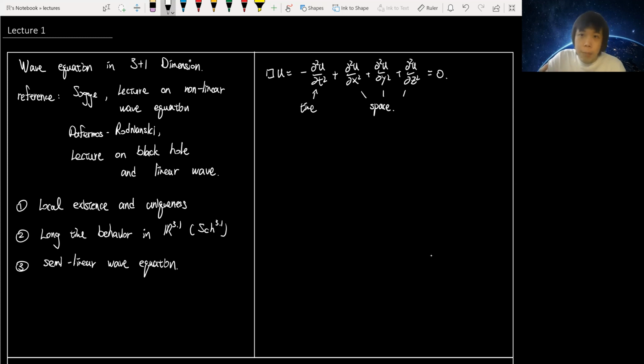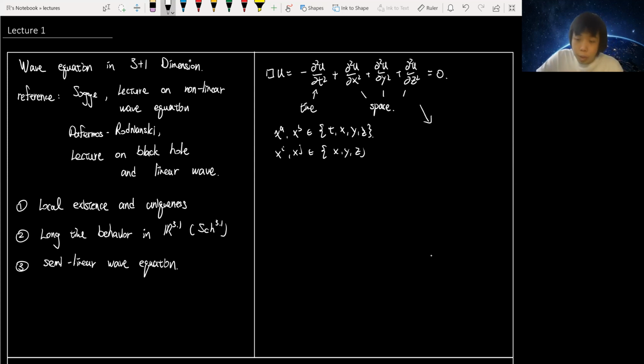In these lectures, I'm going to adopt the following notation: x^a, x^b will indicate this coordinate system, and x^i, x^j will be used to denote x, y, and z.